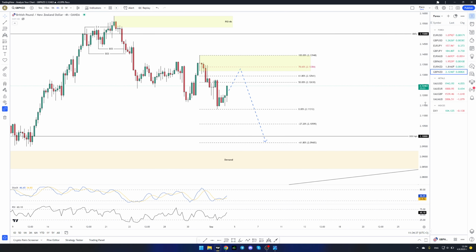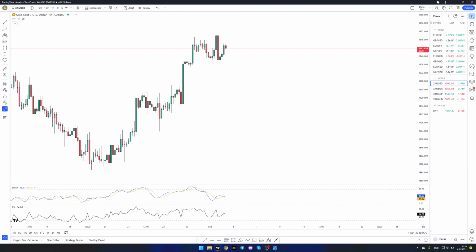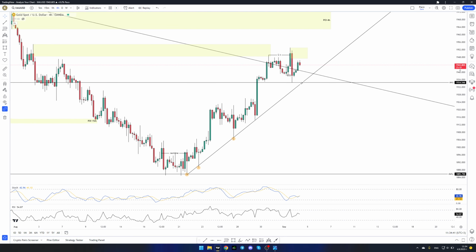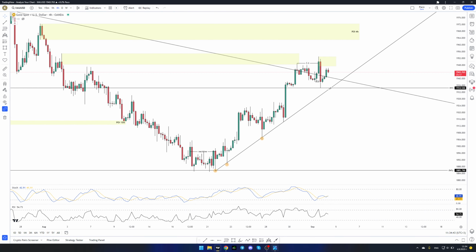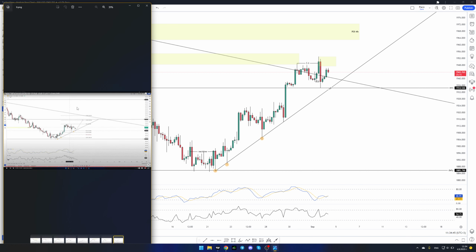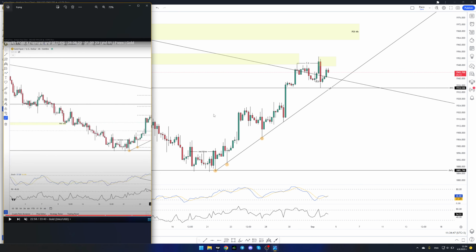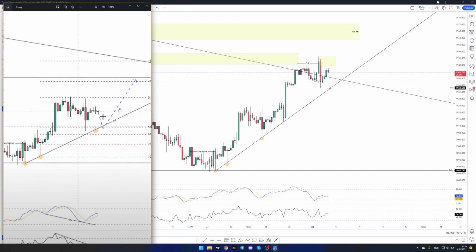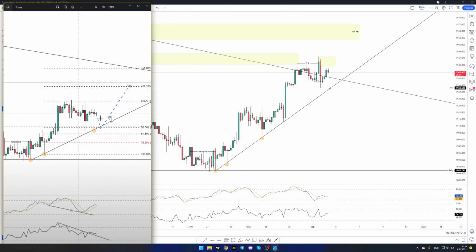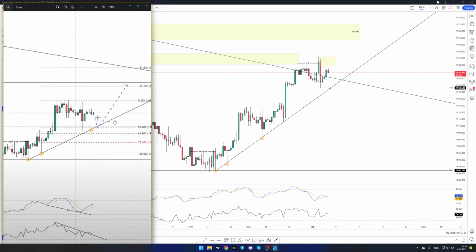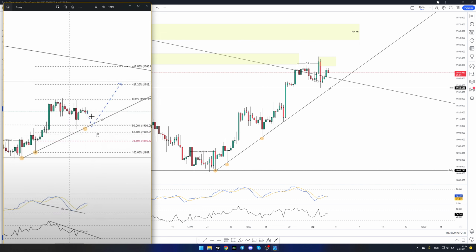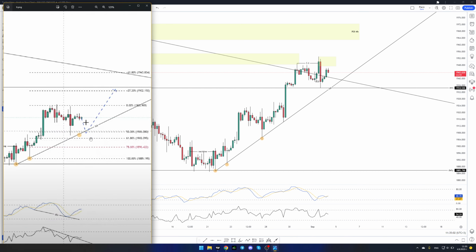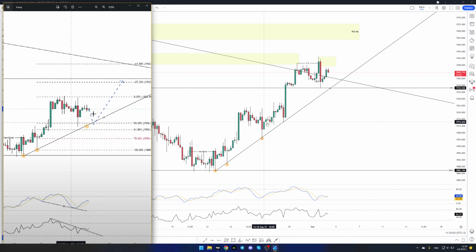And finally, let's take a look at the gold as usual. I think the picture was on the 1-hour time frame. No, it was on the 4-hour. Okay, so here was the price. We were expecting that the price will reach the 4-hour trend line and we may see some new up movement from here.